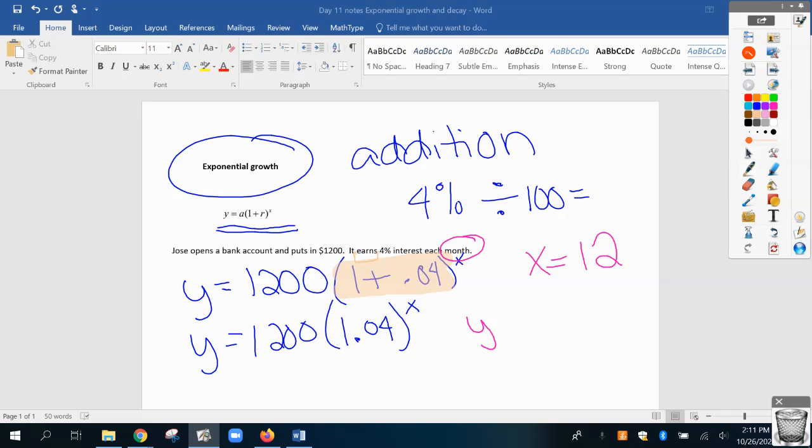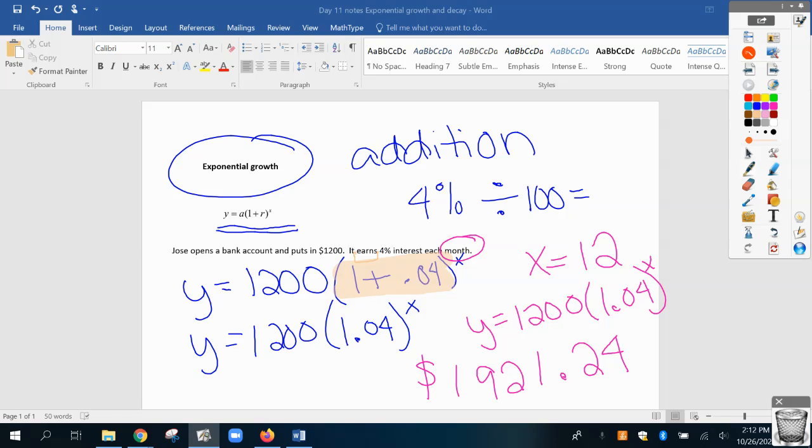So we'll now have an equation of y equals 1,200 times 1.04 to the x. So I want you to evaluate this when x equals 12, and what do we get? We get 1921 point. Now we're talking money. So if we're talking money to the nearest cent, we'd have 24 cents.